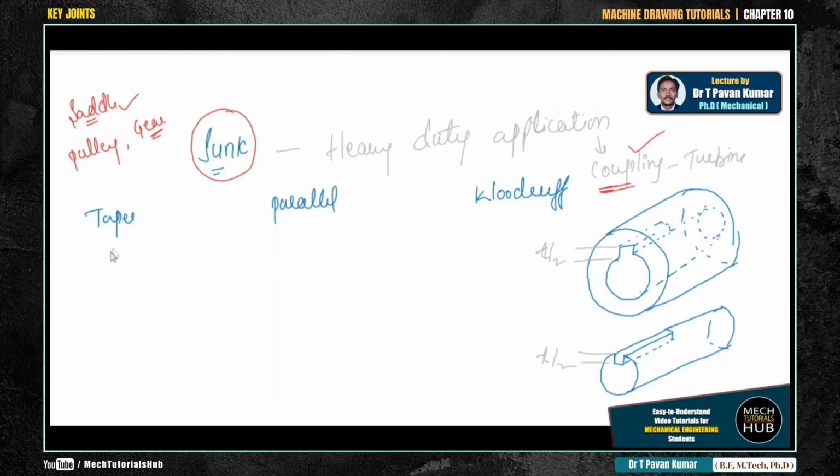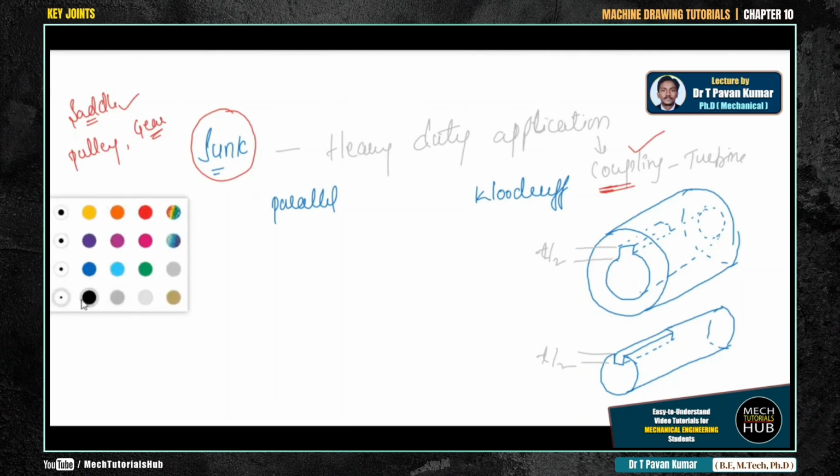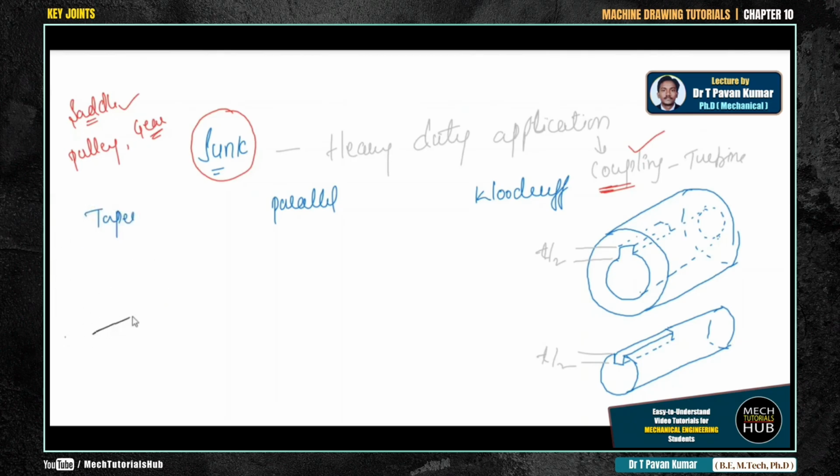Okay, and coming to the 3D representation of a taper sunk key, it is going to be of this kind. There will be a length followed by a thickness and a slant edge of 45 degrees and a horizontal. This is how it is going to be with some width. All right.